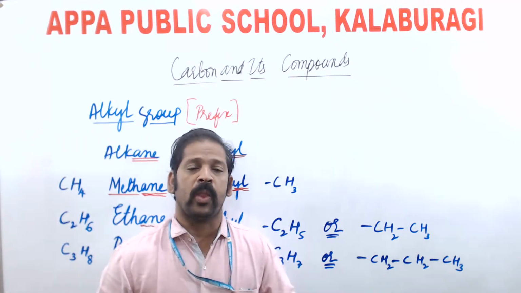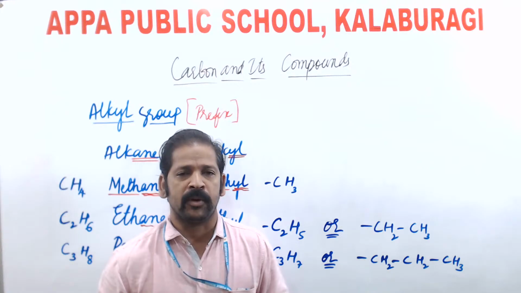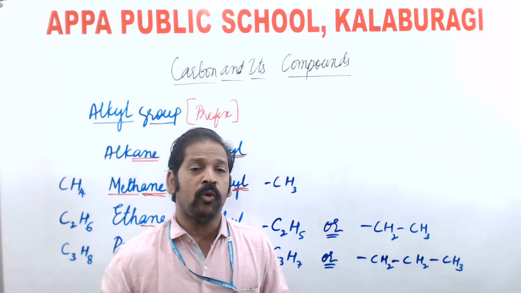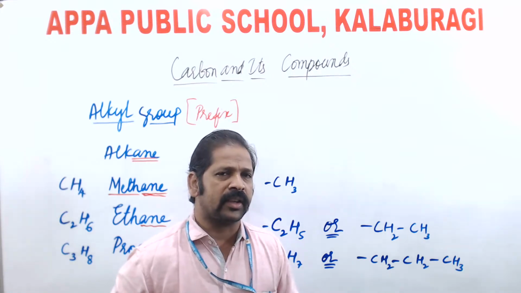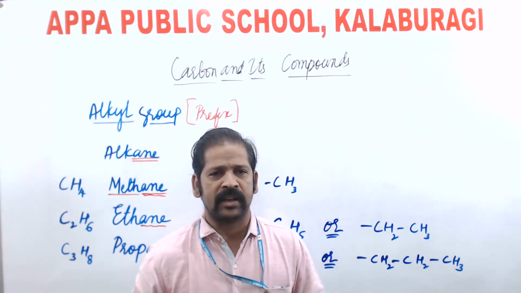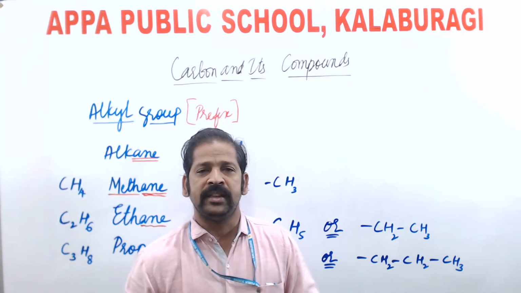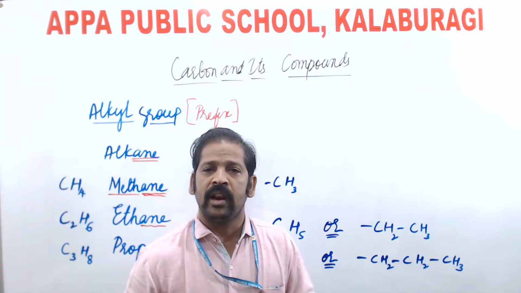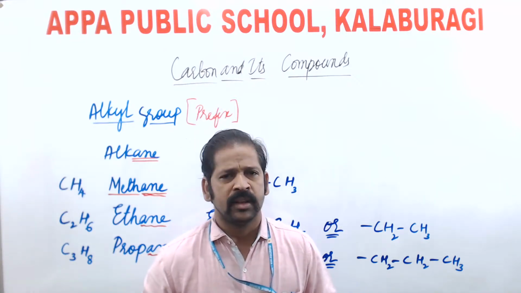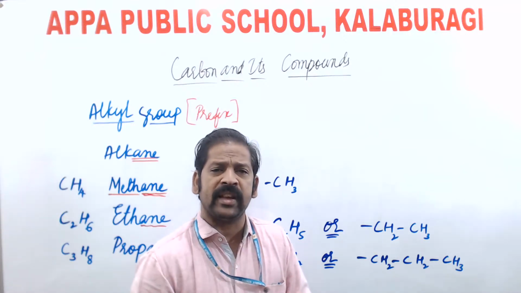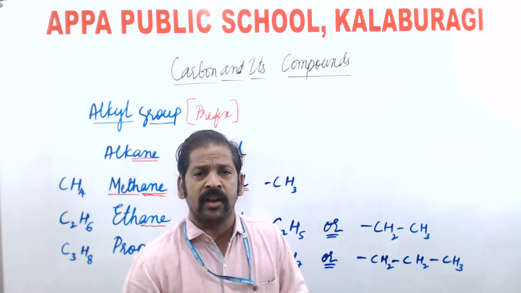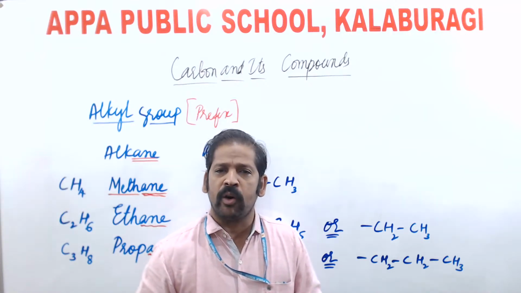We'll go for the nomenclature of carbon compounds. Nomenclature: how to name a chemical. Maybe you studied the word binomial nomenclature in class 9, in diversity in living organisms, the naming of an animal, a plant, or microorganisms.